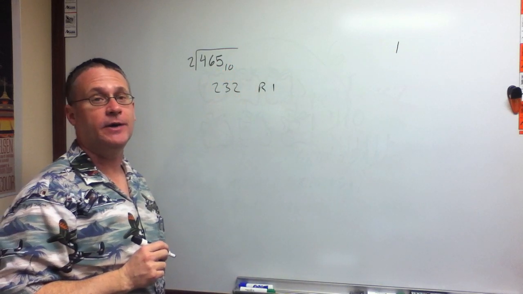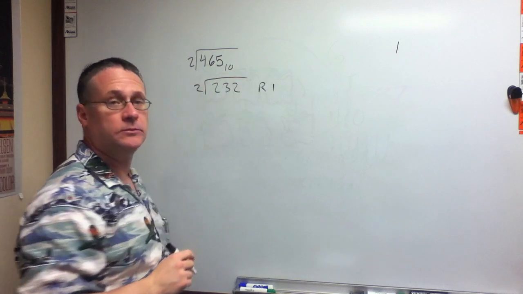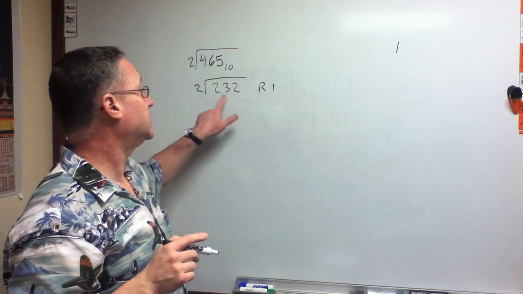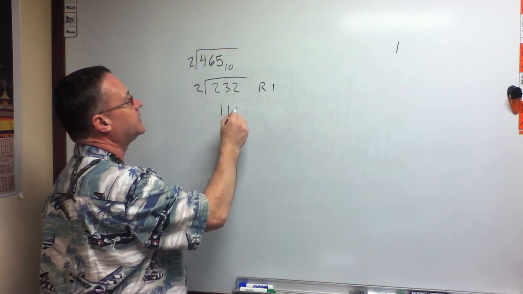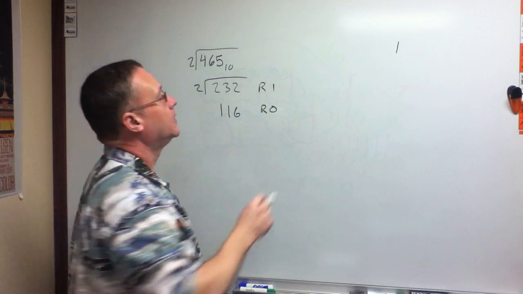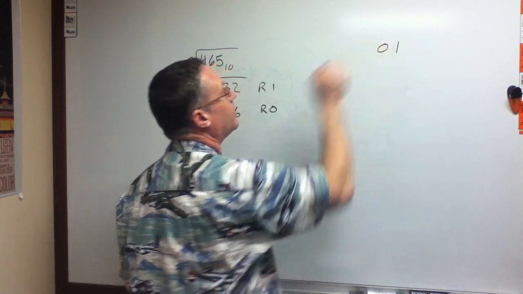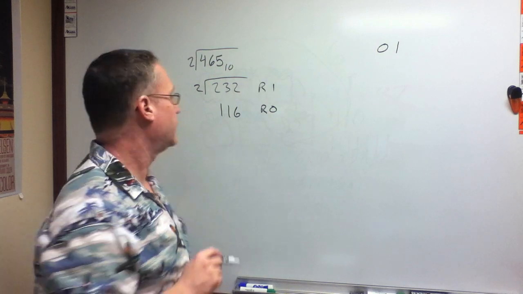in the binary number. And then divide this by 2. Keep going until this gets to 0. Okay? So this would be 116, remainder 0, which means that the next bit from right to left is a 0.